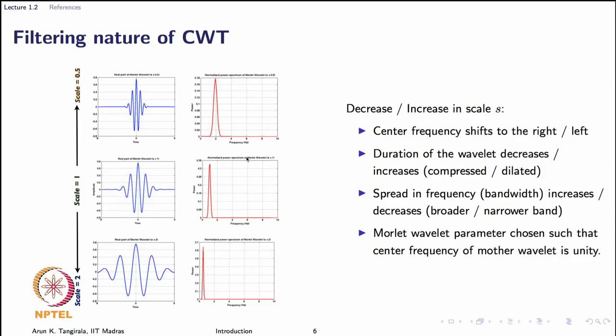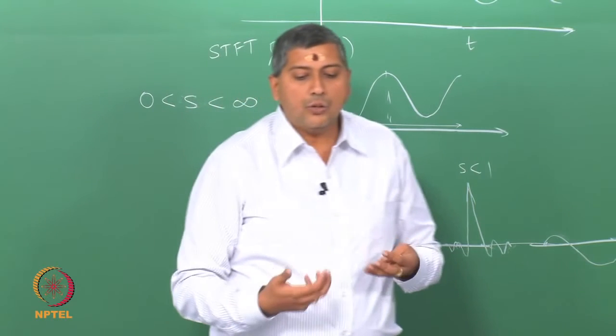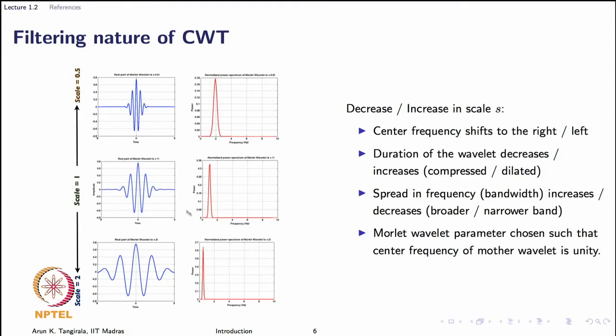What do you see on the right here? On the right, you see essentially the spectral bandwidth of the corresponding wavelet, that is in the frequency domain. The way you should interpret this is, the bandwidth here will determine what frequency content I am going to extract from the signal, right.